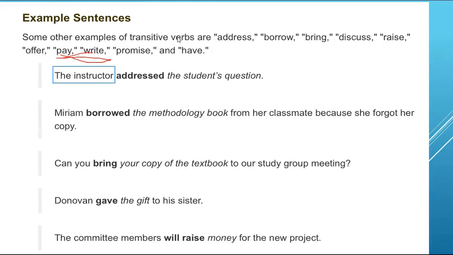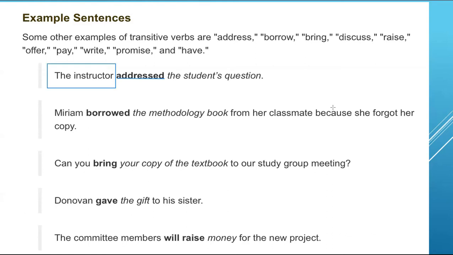Diego, which is our verb? The verb address. Address, exactly. Address is our verb. Now, do we have an object, Diego, in this sentence? So, repeat again. Do we have an object in this sentence? The direct object.